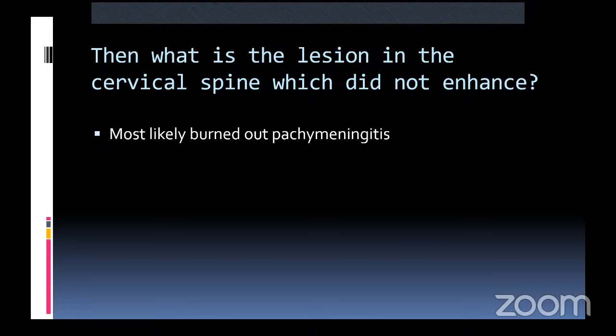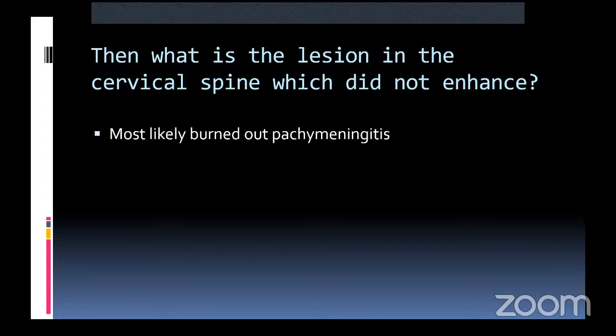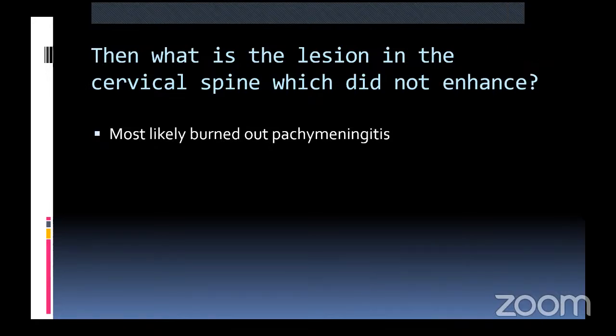So this amount of protein elevation in the CSF, is it because of the secondary cord compression or because of the inflammatory process? Which one? High protein, sir. It is mostly the cord compression. If the inflammatory process were the culprit, the cells should have been much more. It's only 11 cells. Yes, sir.